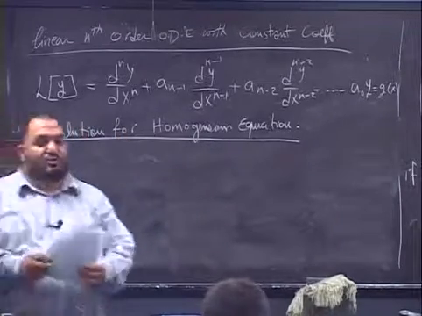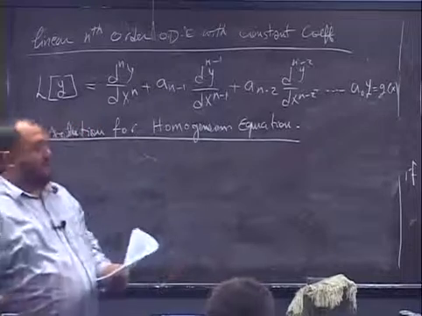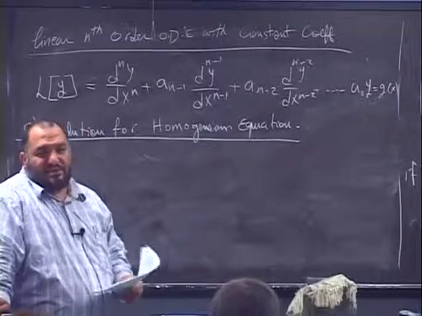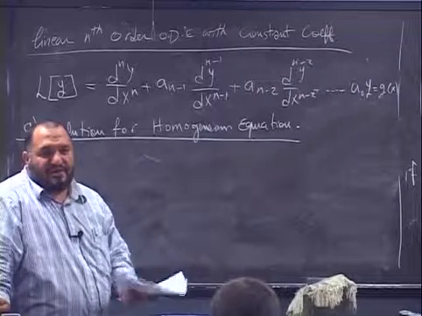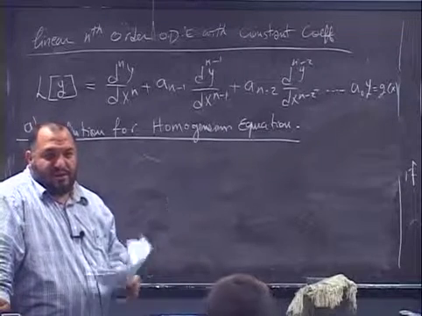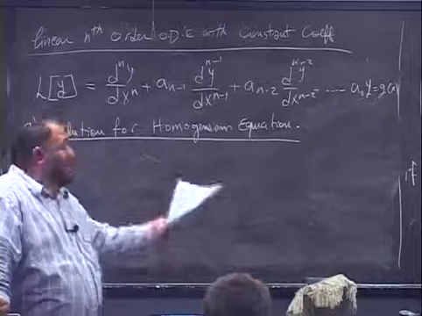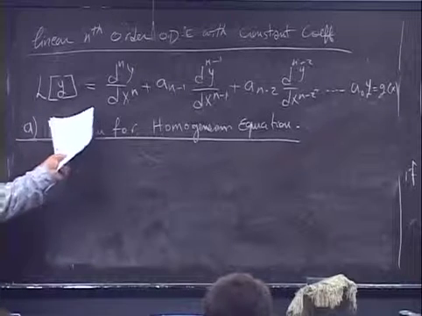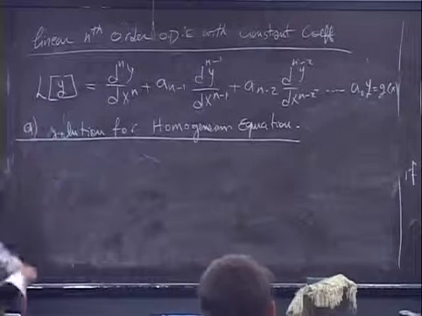So when we solve the equation, we got lambdas: lambda 1, lambda 2, lambda 3, lambda 4, and lambda n.